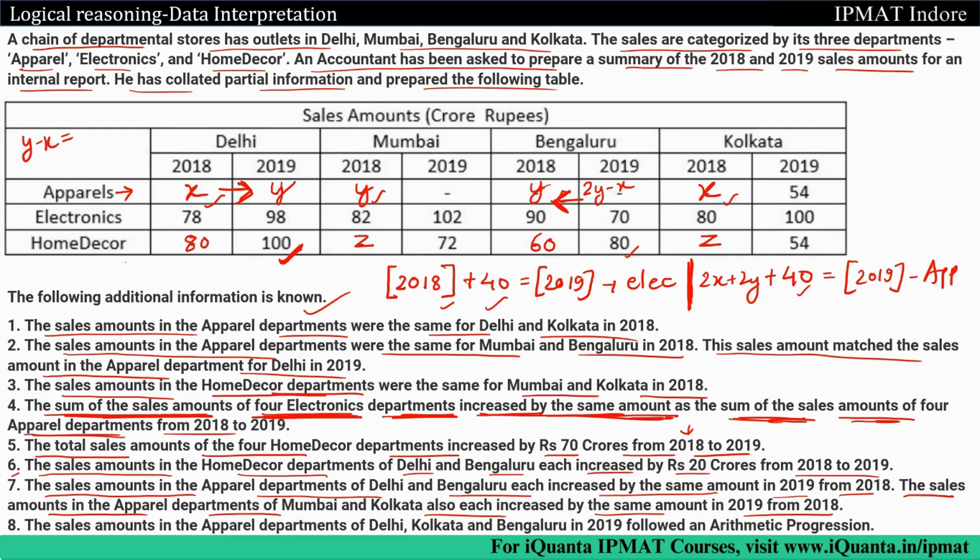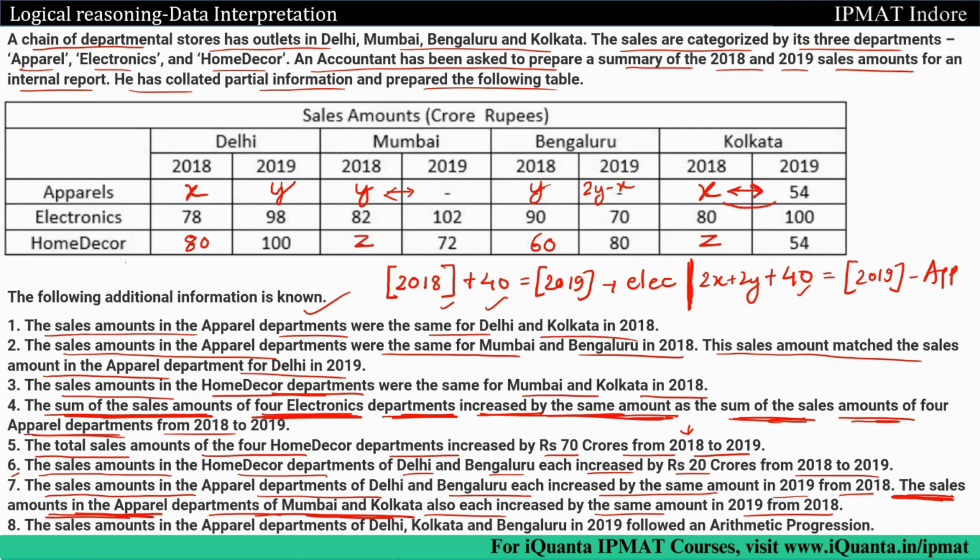Understood? This is simple. And the sales amount in the apparel department of Mumbai and Kolkata also increased by the same amount in 2019 from 18. So now we have to take care of the apparel department in the cities of Mumbai and Kolkata. Mumbai we cannot find out the increase because data of 2019 is missing. But if we look at Kolkata, the difference between these two is 54 minus x, right?